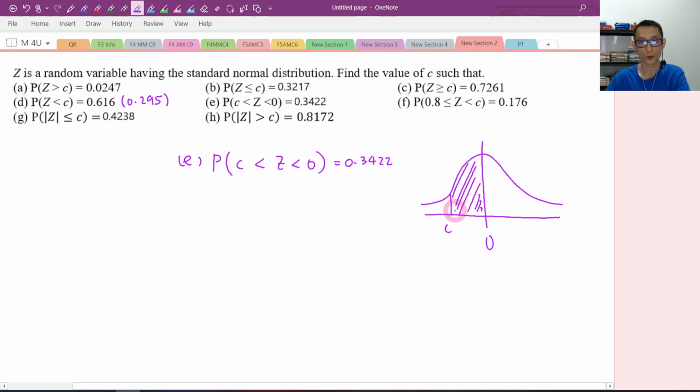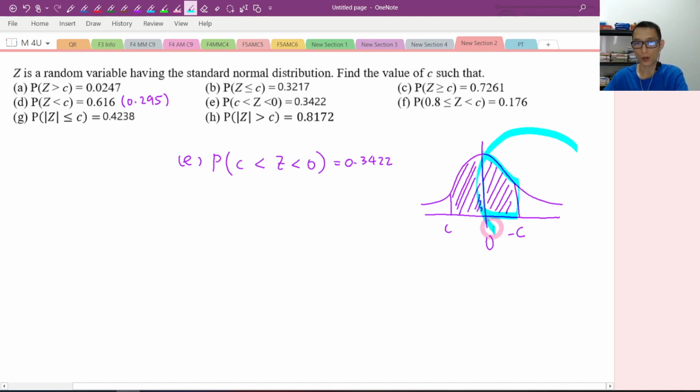So I'm going to bring this reflected C over here, but it becomes negative C. Okay, so these two parts have the same area. So what I'm going to do next is, you can start to ignore this side. You just focus on here. So how do we get the area here?